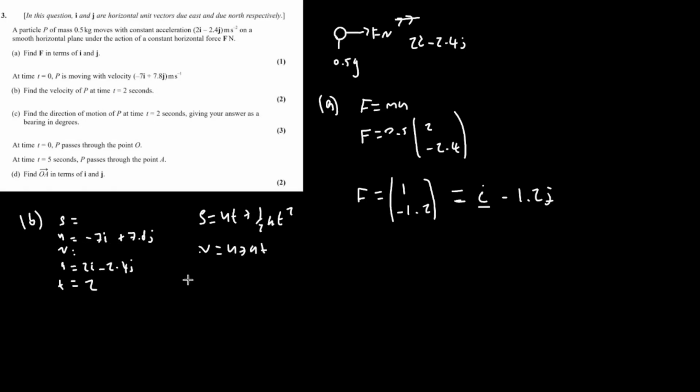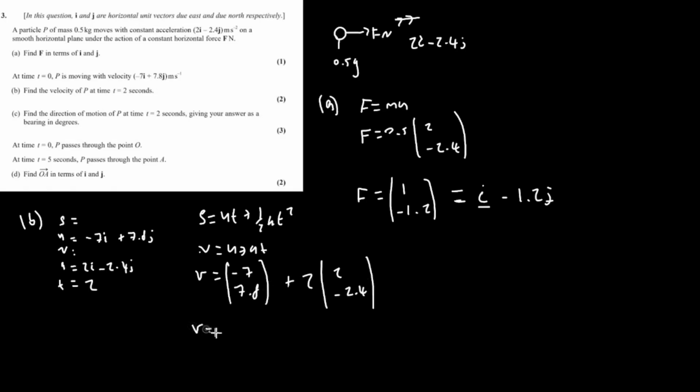So I can obviously see I've got u, a, and t, and I'm looking for v. So v equals u, which is minus 7, 7.8, plus at, which is going to be 2 lots of 2, minus 2.4. Always work with columns because it's just easier.